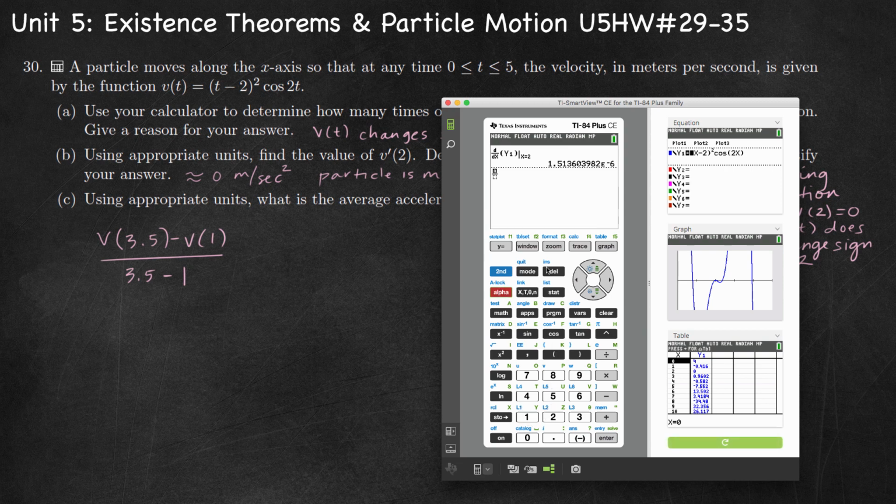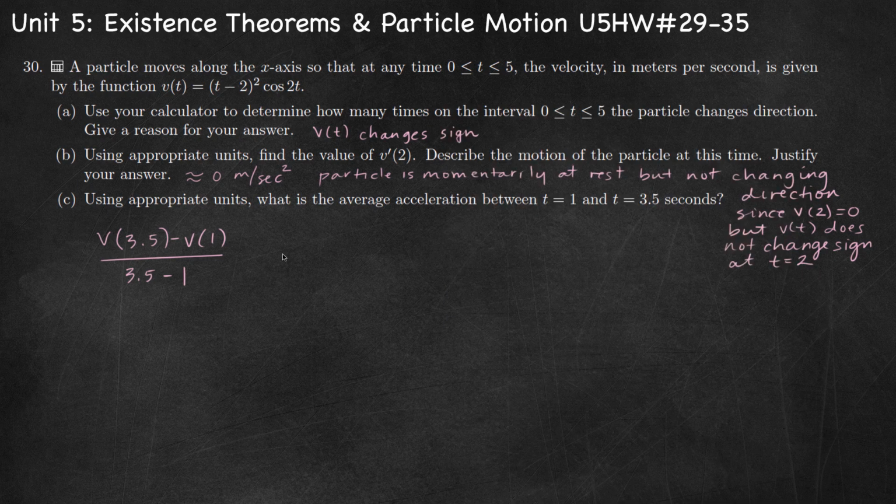And I can do y1 of 3.5 minus y1 of 1 over 3.5 minus 1, which is 2.5. Okay, so that's about 0.845.